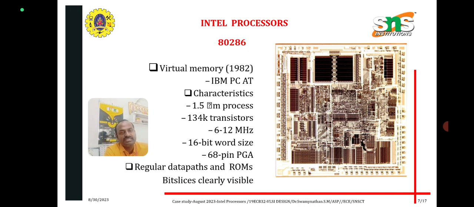So bit slices are clearly visible. You can see the diagram. The bit slices, that is the slicing diagram, are clearly visible because of the route planning, that is floor planning, and the placement and routing. These are the three important concepts for building the processors.